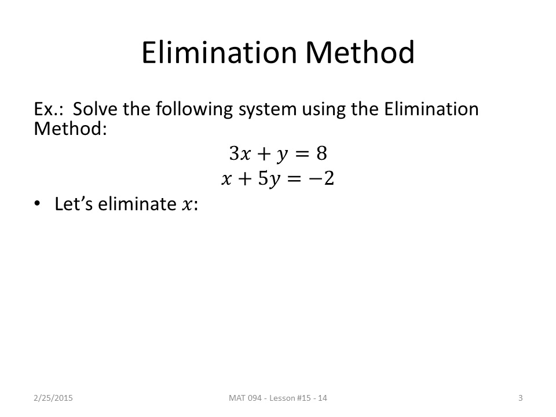In this example, I have decided to eliminate the x variable, which means I need to get the number in front of the x in this equation to be minus the number that's in front of the x in this equation. One of them has to be plus, one of them must be minus. They both must have the same numeric value. I can do that by multiplying the first equation by plus 1 and multiplying the second equation by minus 3.